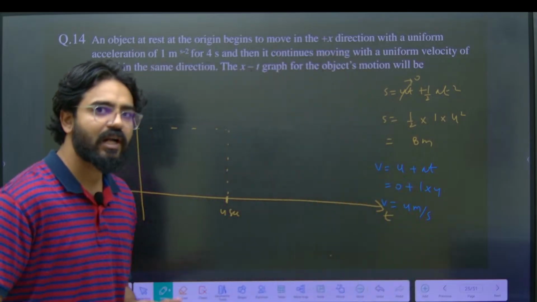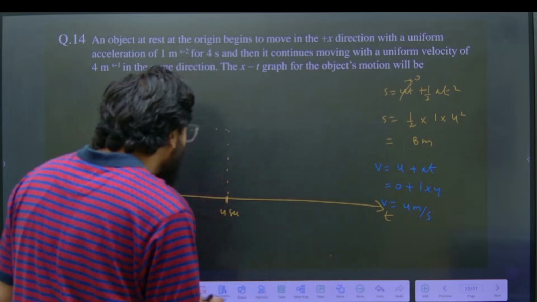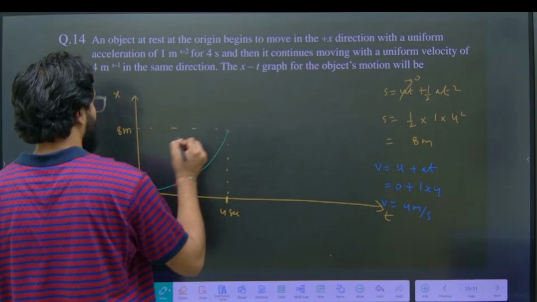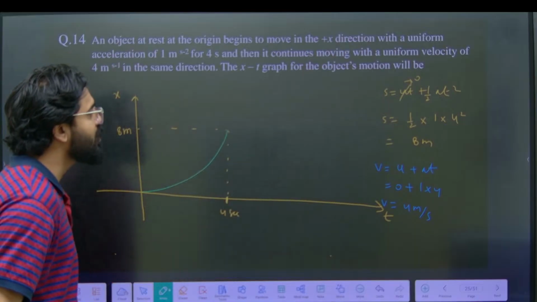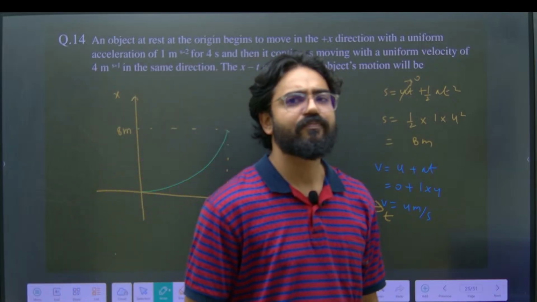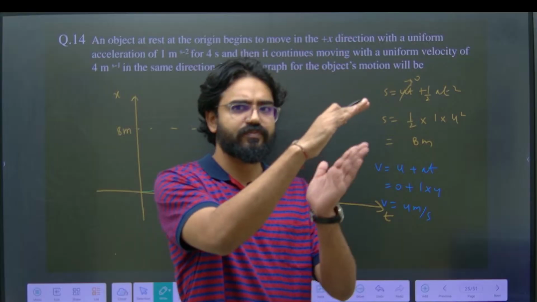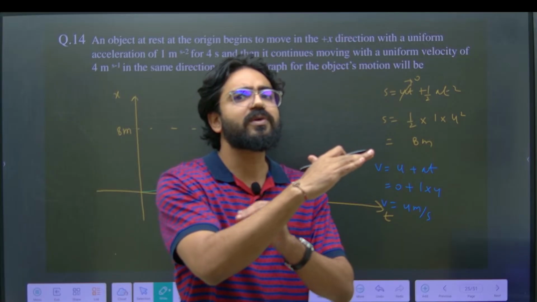So in x-t graph, if there is accelerated motion, we know it is a parabola. And after that it will be just a straight line, right? Straight line, because velocity is constant. So in x-t graph, what is velocity? It is slope.